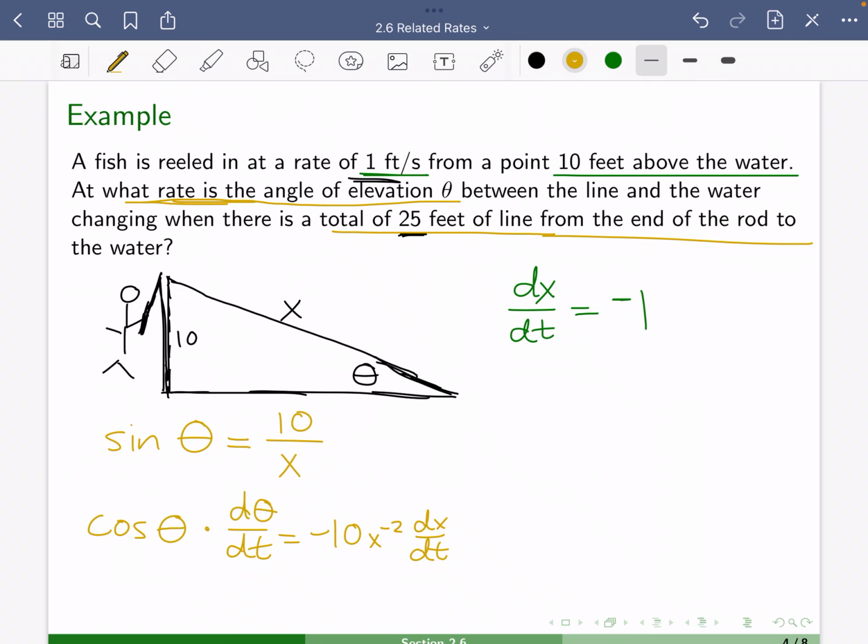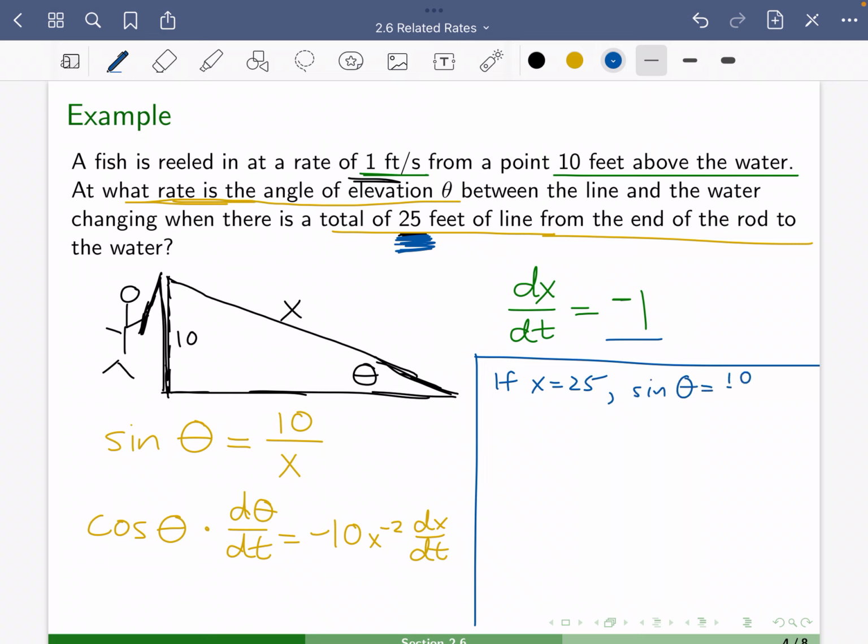Now we need to plug in what we know. So what do we know? Well, we know dx/dt is negative 1. We also want to know what's happening when x is 25. So if x is 25, then sine of theta is 10 over 25.